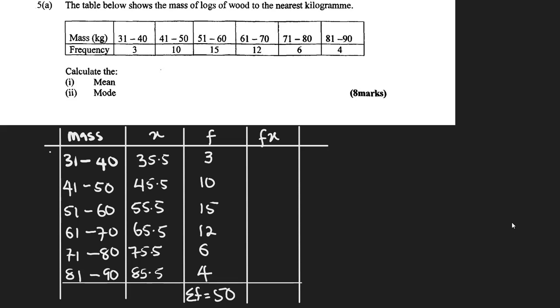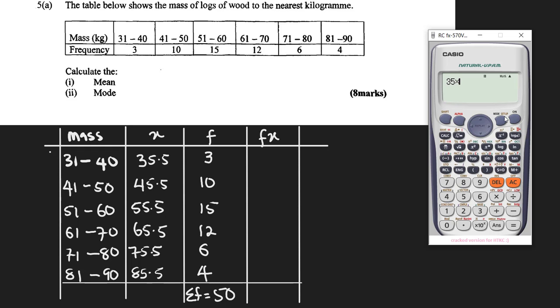So the next thing is to multiply f times x. That's fx, right? So fx now is a multiplication of our x times the f. So for each of the rows, we're going to do the same thing. So the first one will be 35.5 times 3 is 106.5.